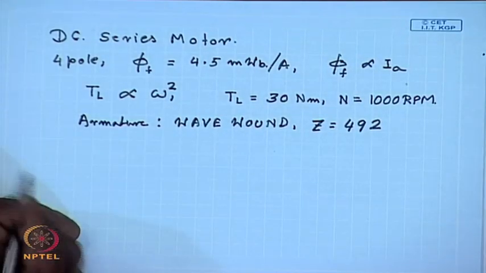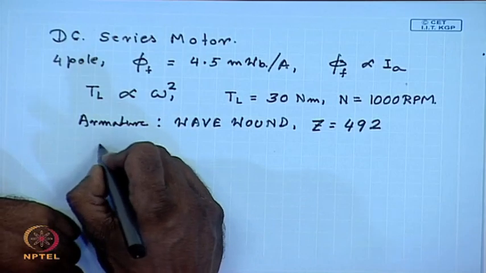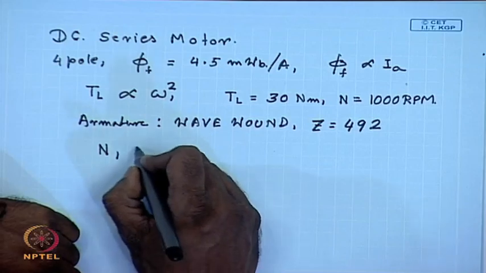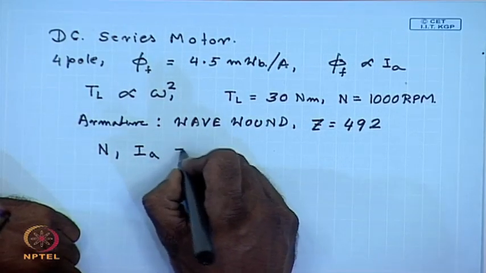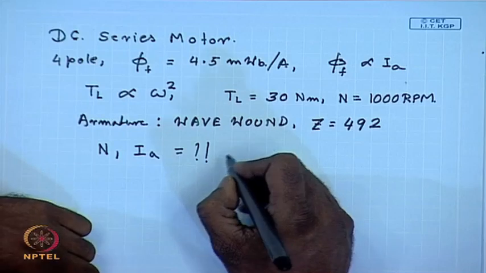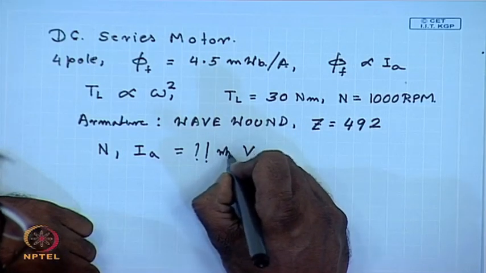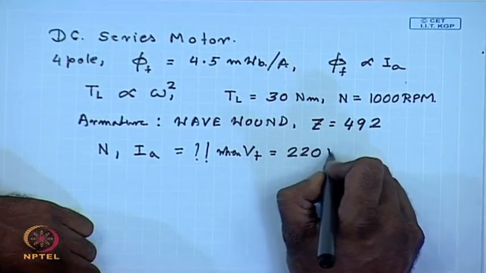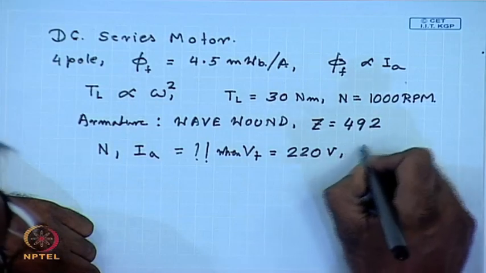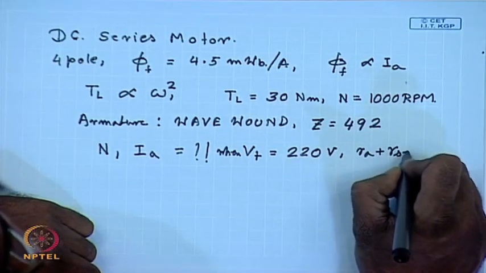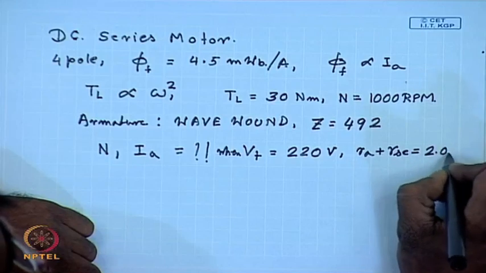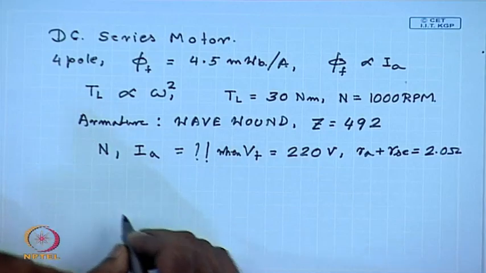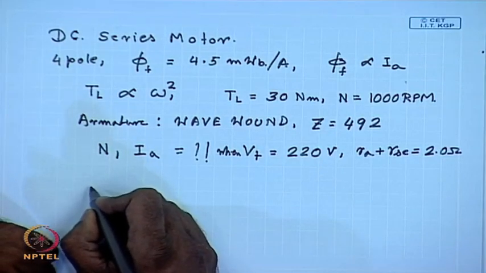So, we have to determine the speed n and current I a when this motor is connected to 220 volt. Total resistance R A plus R A C equal to 2 ohm. Now, the back EMF as a function of current can be found as follows.